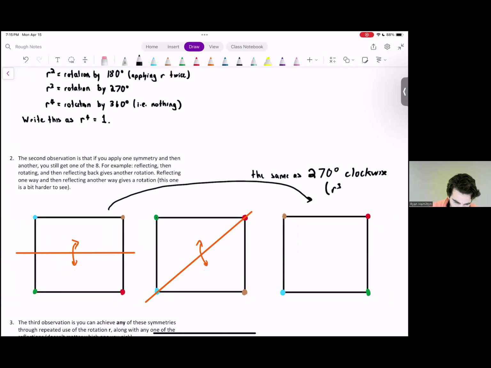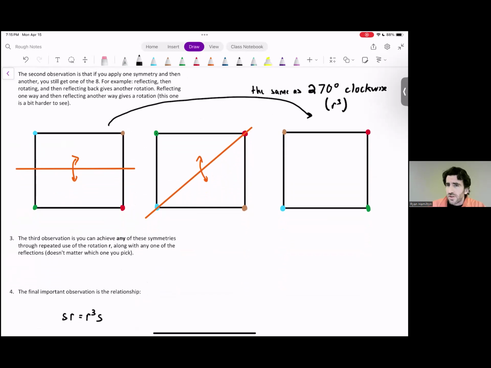So that's what we called R cubed. So again, it doesn't matter which 2 you pick. If you do one and then the other, you'll always get back to our list of the original 8. So we would say that this list is somehow closed under the operation of combining these actions.